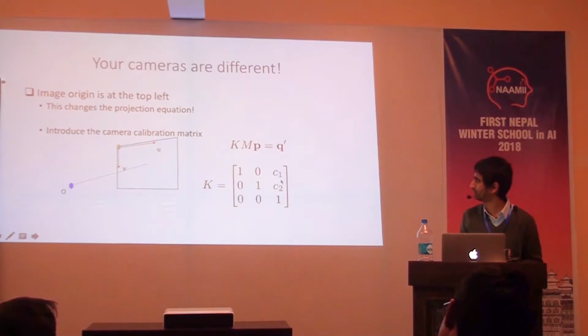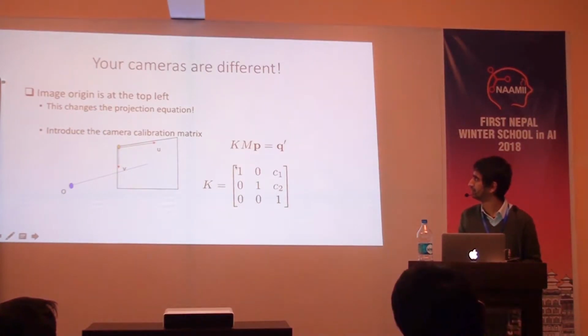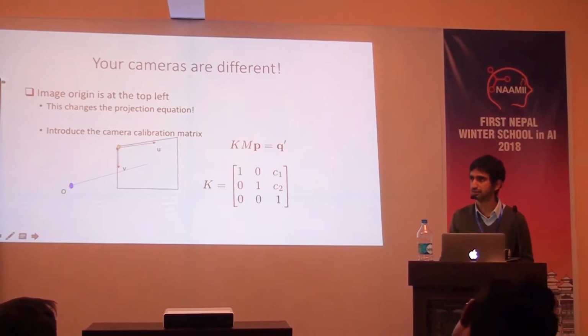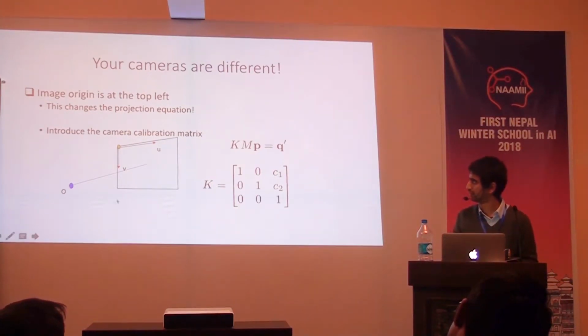The center values C1 and C2 to the UV coordinates, right? So if you add C1, which is the central location, then you change the axis to here. You can work it out as well.